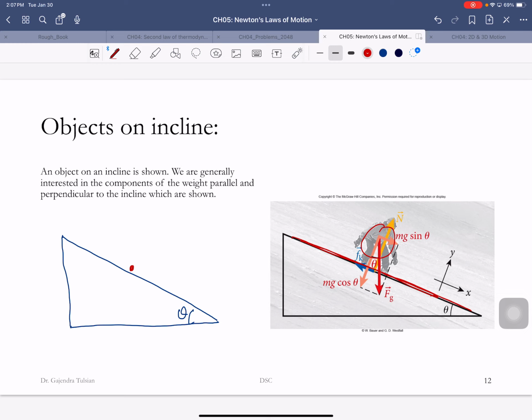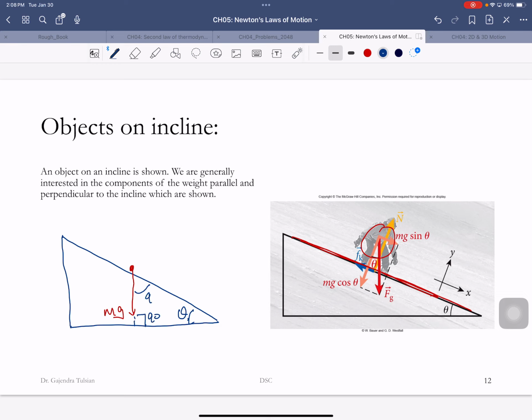What is Earth doing to this guy? Pulling him down with a force equal to mg, there's the magnitude of the force. Now, let's say he's skiing on a frictionless surface. This component of gravity is what is accelerating him that way. We need to find that component. So this is theta. What is this angle? This is 90 degrees.